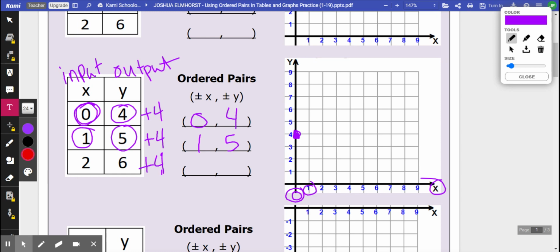And when x is 2, y is 6. And that is going to create a straight line. Now we could actually continue with the same rule, with 3 plus 4 is 7, 4 plus 4 is 8, and that rule would just continue on through the graph.